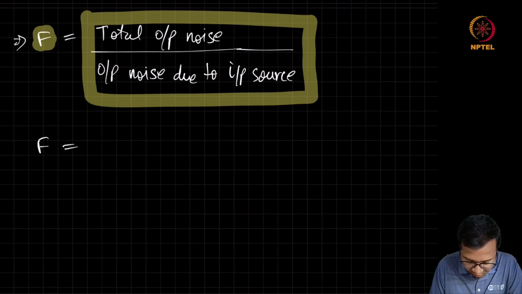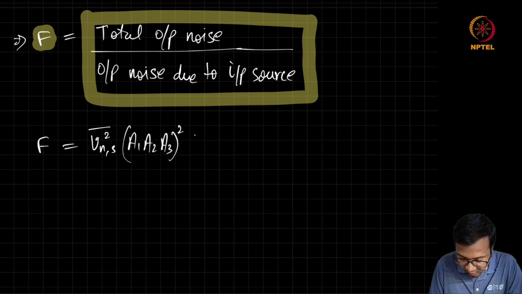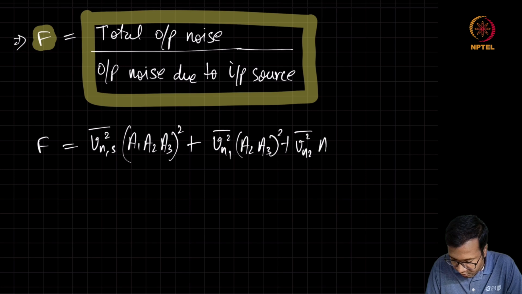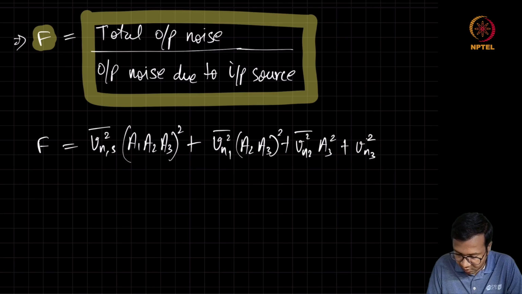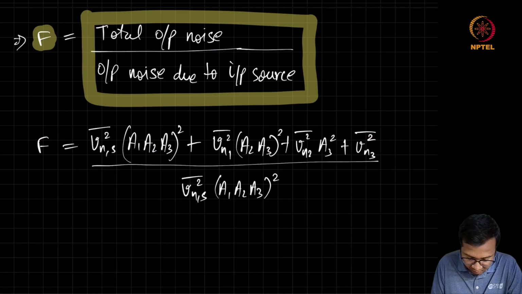Due to Rs it is going to be Vns square into (A1 A2 A3) whole square, plus noise due to first stage Vn1 square (A2 A3) whole square, plus Vn2 square A3 square, plus Vn3 square, divided by the output noise due to input source, which is Vns square (A1 A2 A3) whole square.